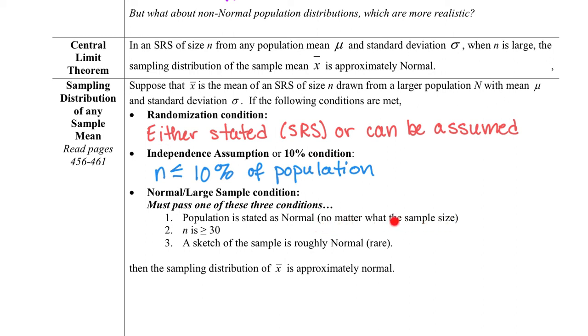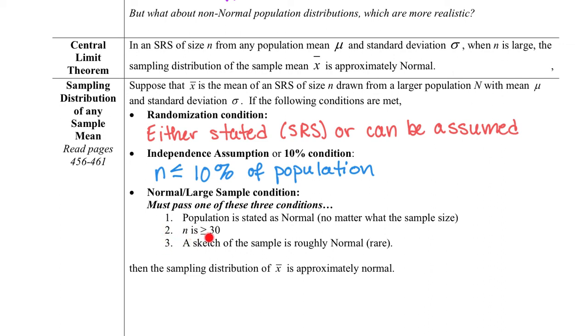Doesn't matter what the sample size is. You can take a sample of 2, and your sampling distribution will still be normally distributed. So it just has to have one of these three things be true.